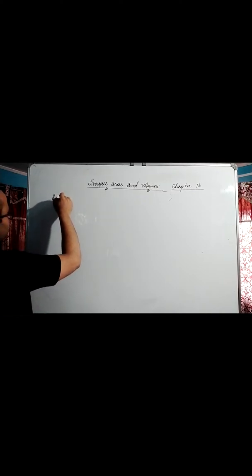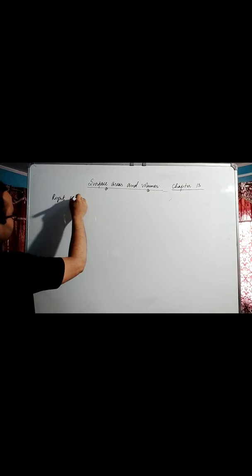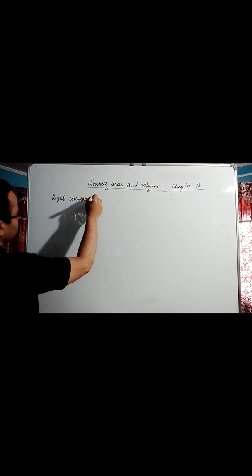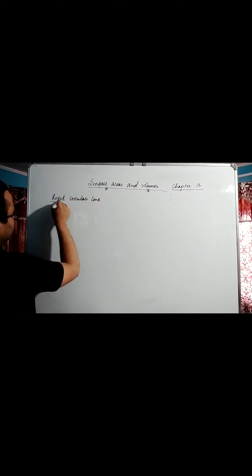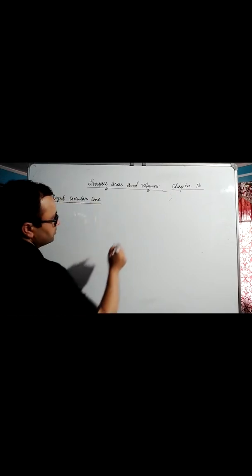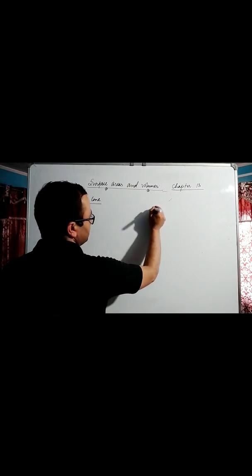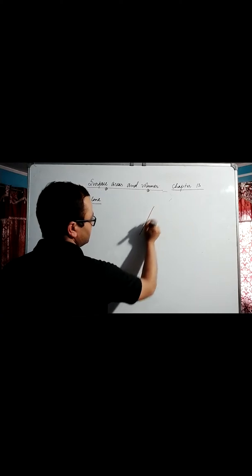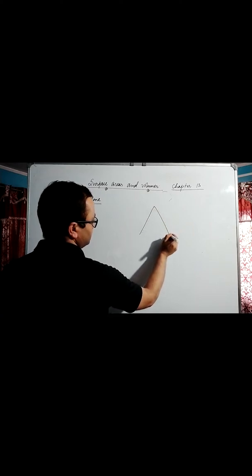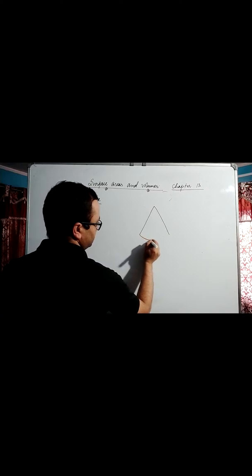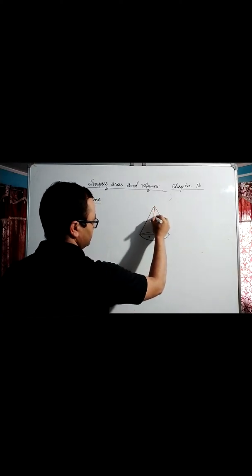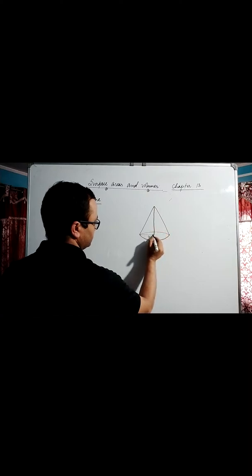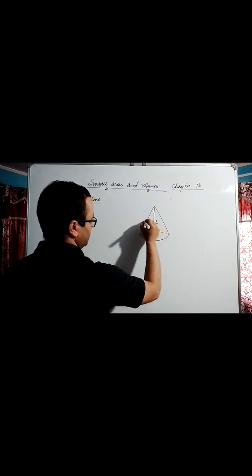Right circular cone. In right circular cone, the base part is circular. It has a radius r, height h, and slant height l.